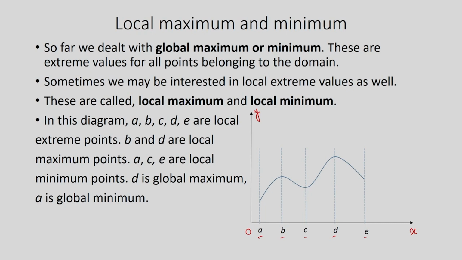Out of these 5, B and D are local maximum points. So, these are the maximum points, and A, C, E are local minimum points. So, these are the minimum points.